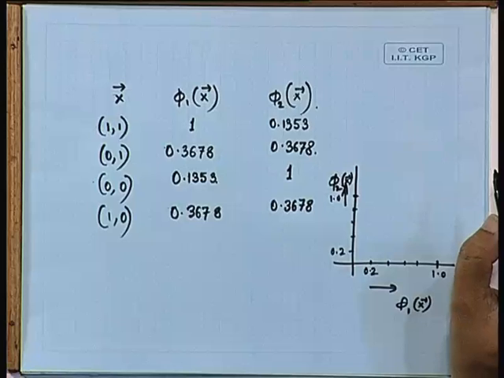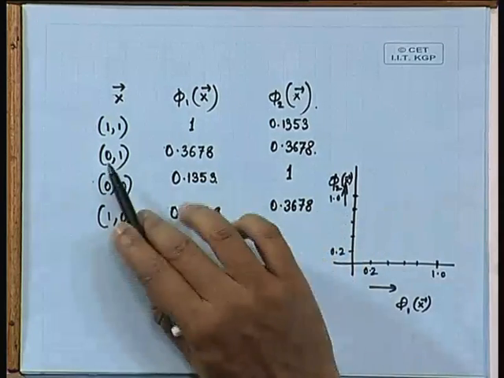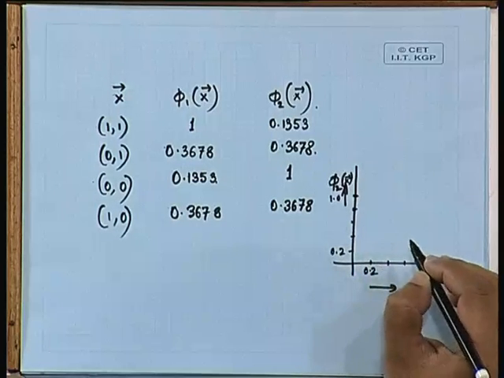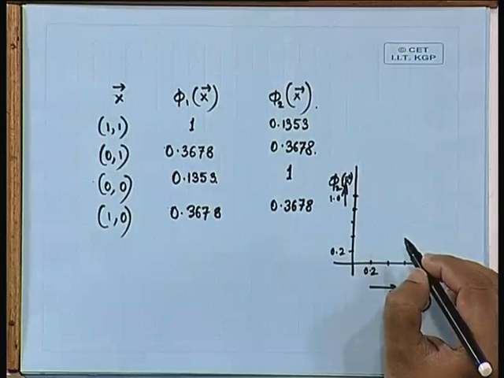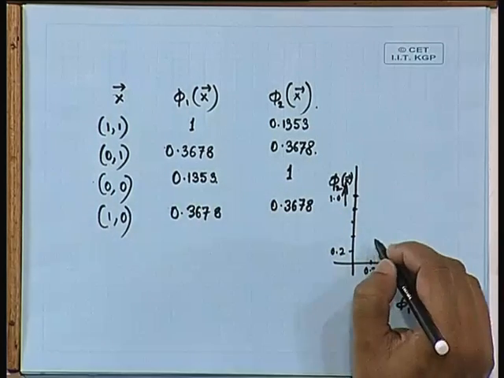So, we can see that when it is 0 1 or 1 0, the values that are coming are 0.36, 0.36, again for this one also 0.36, 0.36.